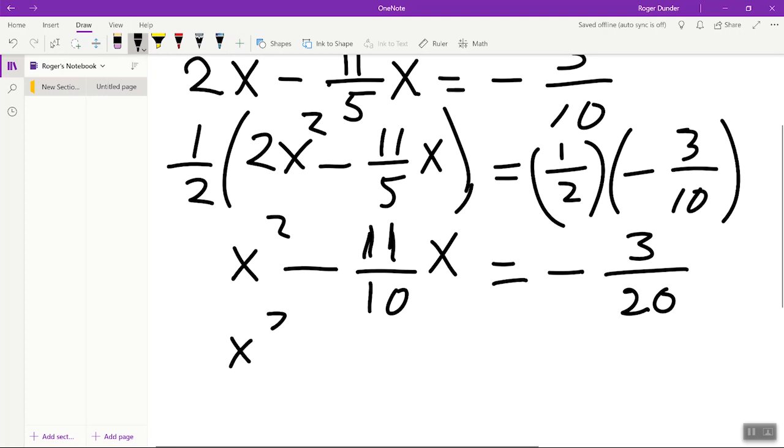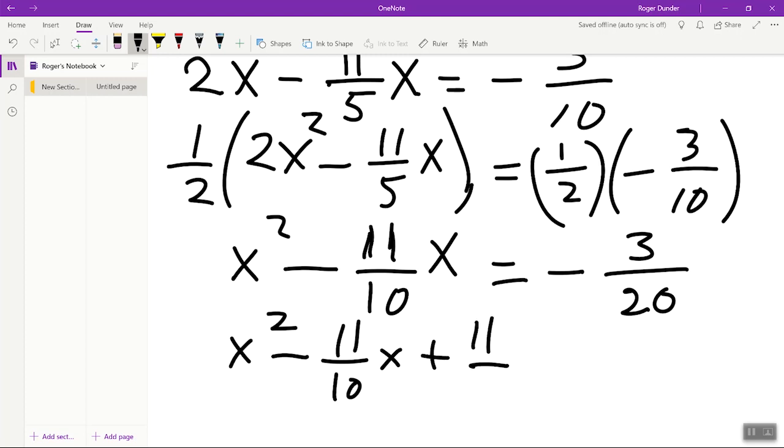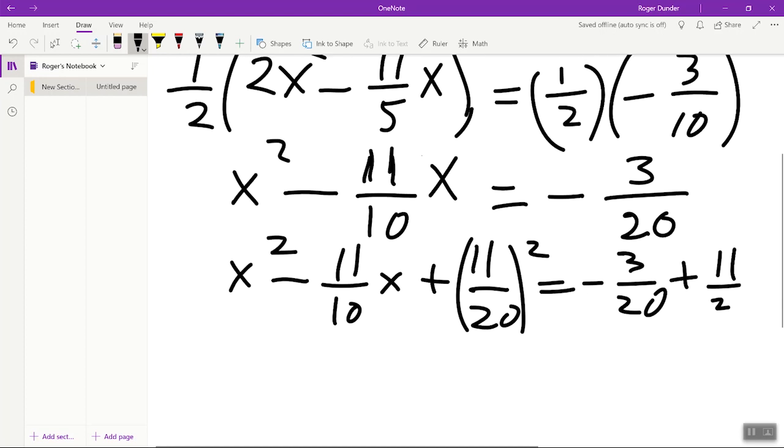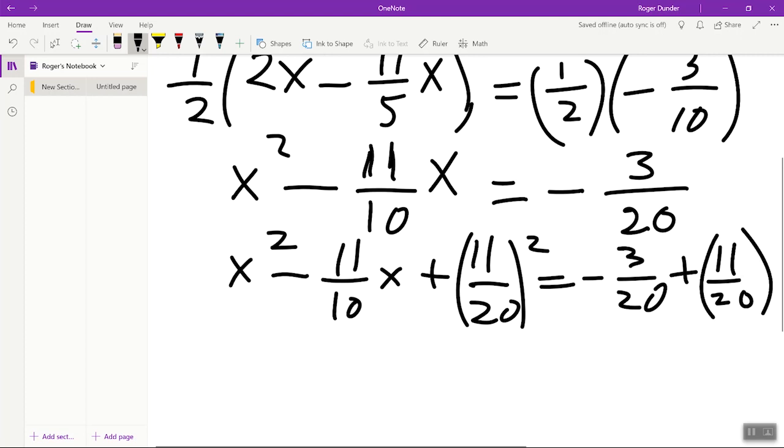So this then becomes x squared minus 11 over 10x plus 11 over 20, and we're going to square that, which is equal to minus 3 over 20 plus 11 over 20 squared. So we're adding 11 over 20 squared to both sides.